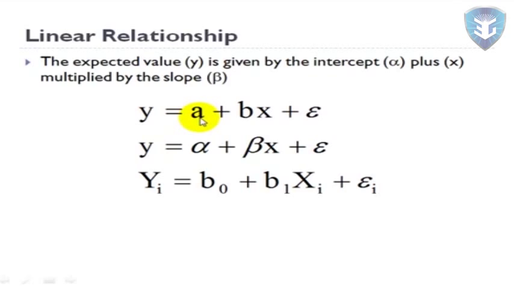That's the y-intercept. Where does that line hit the y-axis? Plus the slope, that's b or sometimes beta, multiplied by x, the independent variable. So we can say y is dependent, x is independent, y is a function of x, or the way I like to think about it, y depends on x.